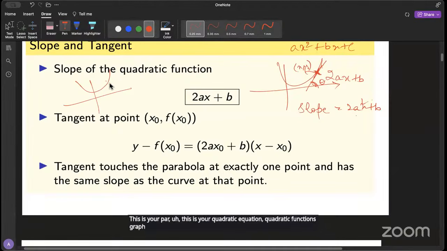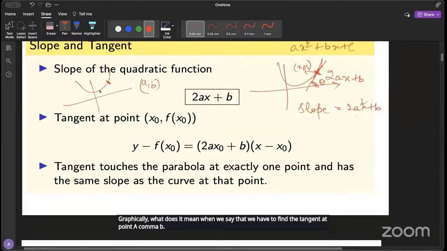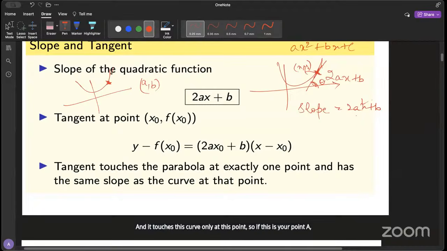Then let's say you're asked to find the tangent at point A comma B on this graph. It means if this is the point A comma B, then there should be a straight line that passes through this point and touches this curve only at one point. That's called your tangent, right?